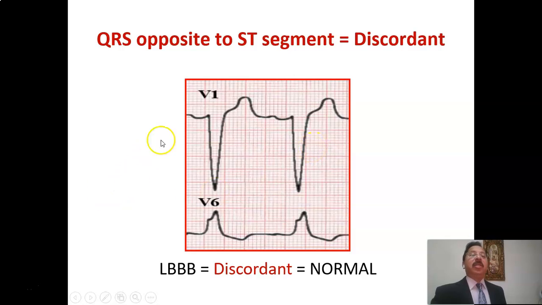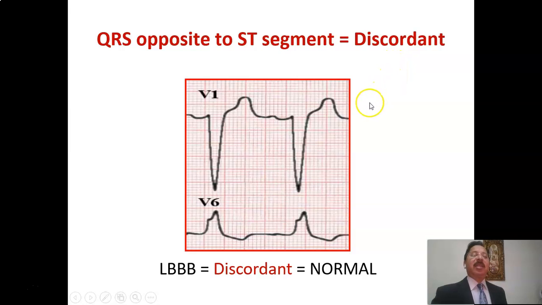So if you see these complexes, each has two parts. One is negative, which is the S wave, the other is the ST segment. Okay, so the R wave or S wave should be compared with the ST segment. So this QRS complex, whether positive or negative, if it's opposite to the ST segment, this is called discordant.